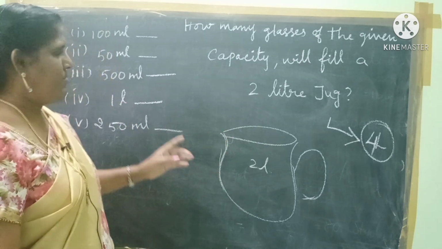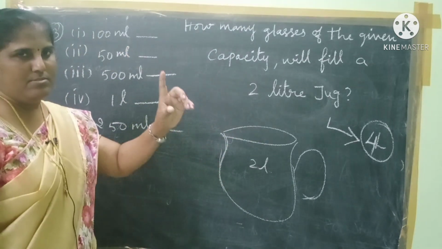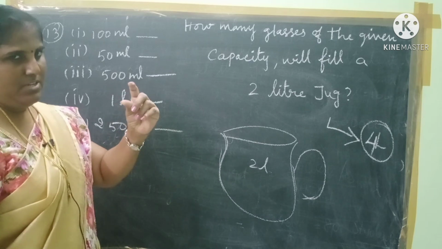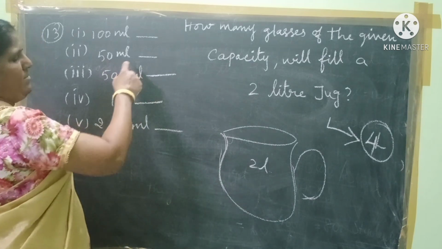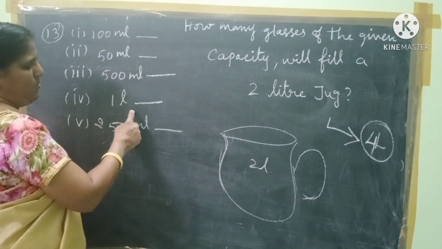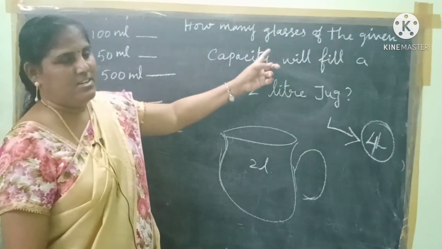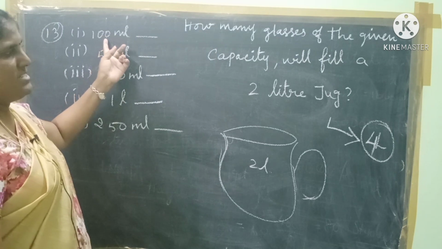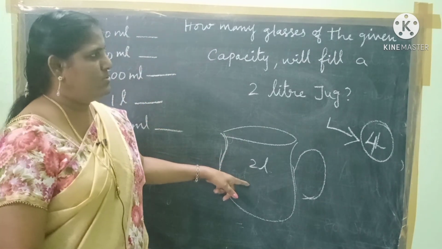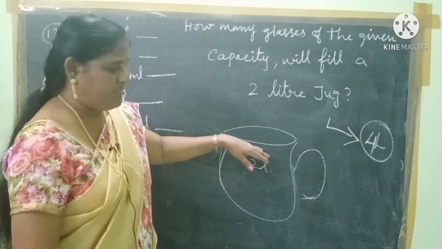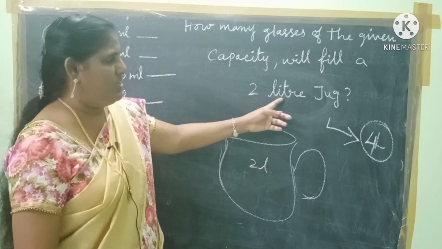That's what he is asking. So 100 ml, 50 ml, 500 ml, 1 liter, 250 ml, that's what he is asking. So how many glasses? If you take 100 ml glasses, how many glasses do we need to fill the jug, if it is a 2 liter jug?